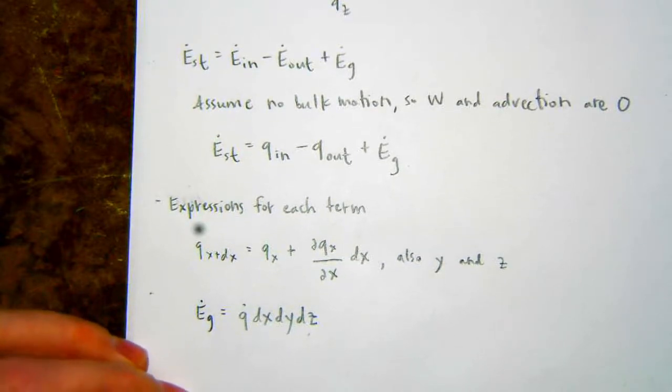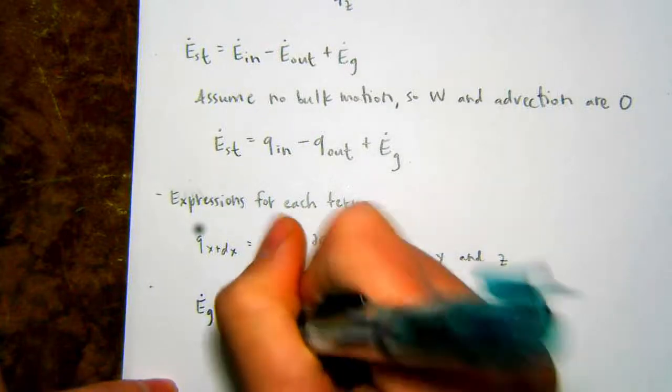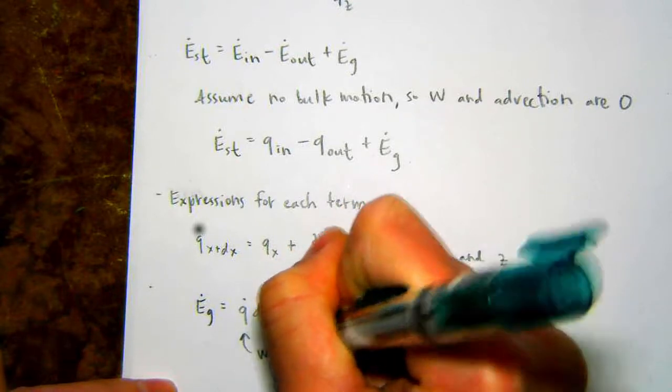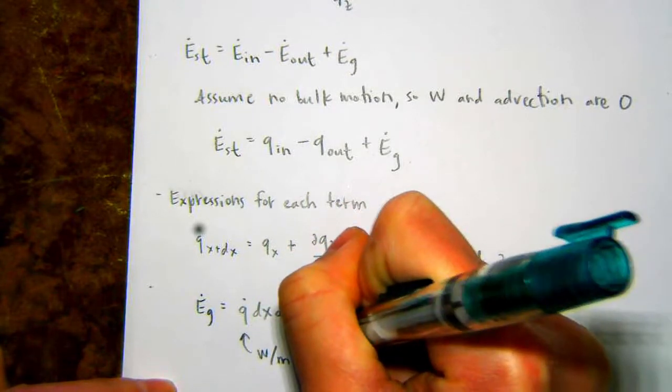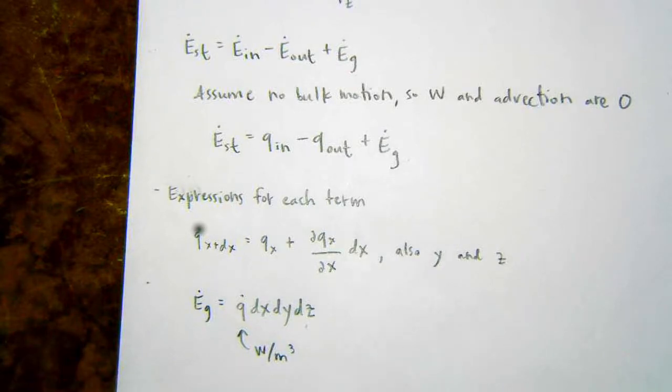So the volumetric heat generation. And this q dot here, so you have a lot of q's and dots floating around, is in watts per meter cubed. So then if you multiply by meters cubed, the volume, you get just watts.